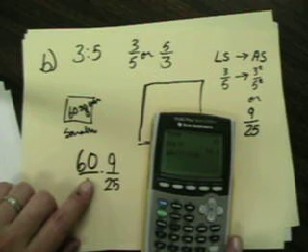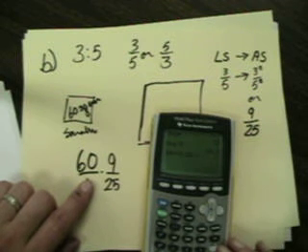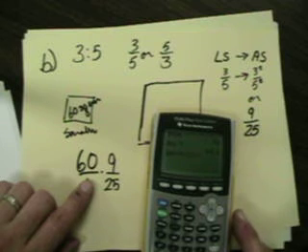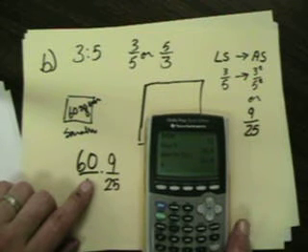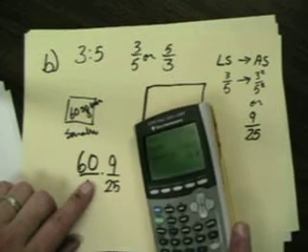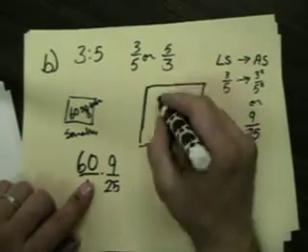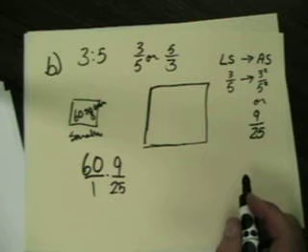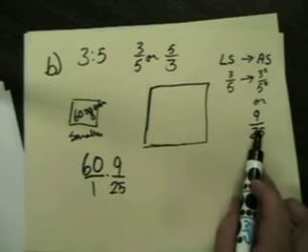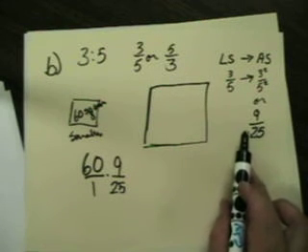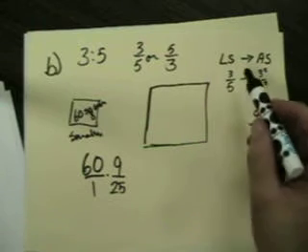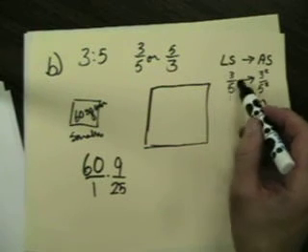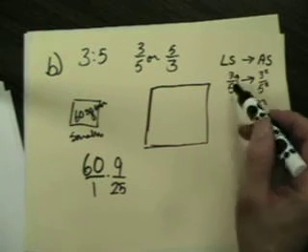You don't have to put parentheses around the fractions, but sometimes it'll keep you from making mistakes if you're not being careful. And I get 21.6. That doesn't make sense. Let's think about this for one moment. This is going from the larger to the smaller. Oh, this scale factor goes from the larger to the smaller.